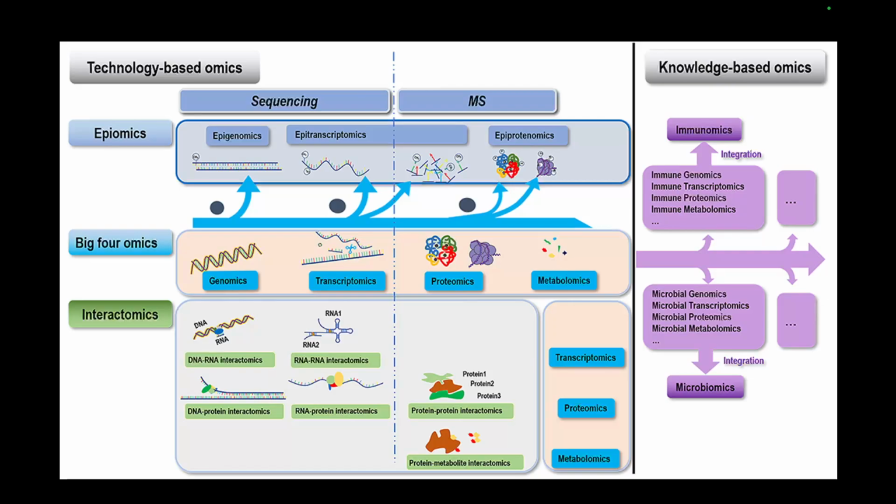Mass spectrometry is not an NGS sequencing platform. It's another type of technology which will tell you what is present after what. Say, for example, you want to know the sequence of a protein. If you do mass spectrometry, you'll get the amino acids that are forming up this protein. So on the left are the things you can do with sequencing, and on the right are the things you can do with mass spectrometry.